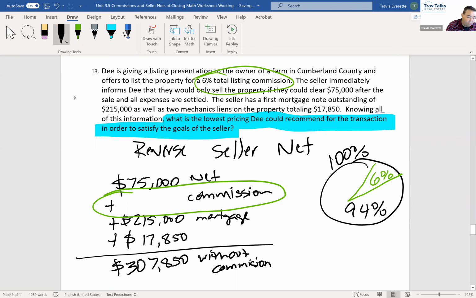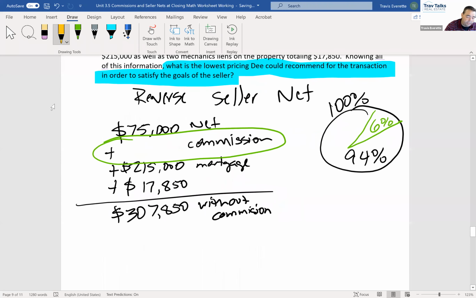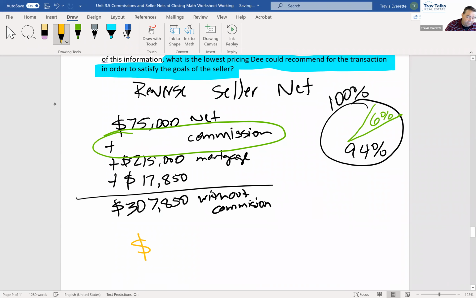So what's our final math going to be? It's always going to be to take the seller's needs, which are 307,850, and divide it by the seller's share of that pie, because the seller had to divide the pie up.